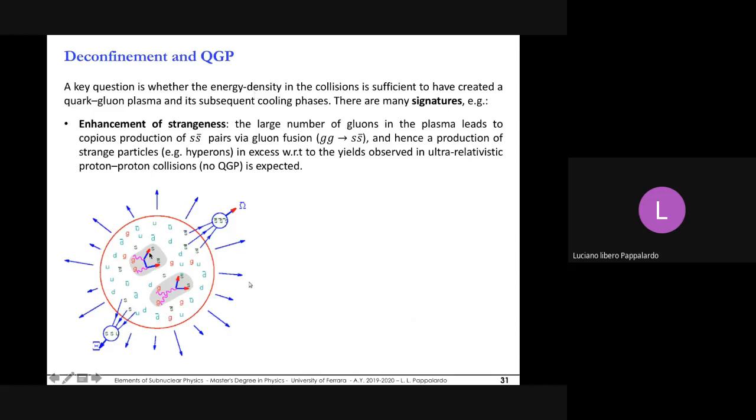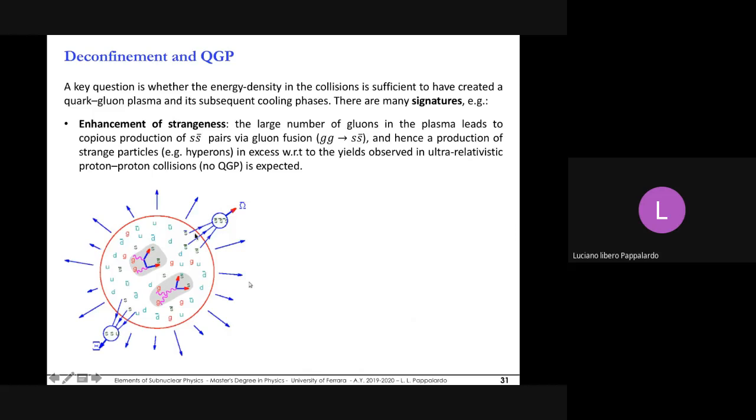So consider now this picture here, where we have essentially a plasma of quarks and gluons. The large number of gluons in the plasma leads to an abundant production of strange-antistrange pairs via the gluon fusion process, so gluon-gluon going into s s-bar.